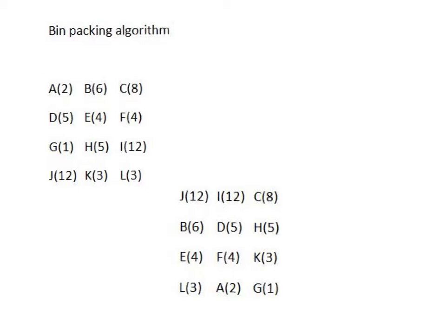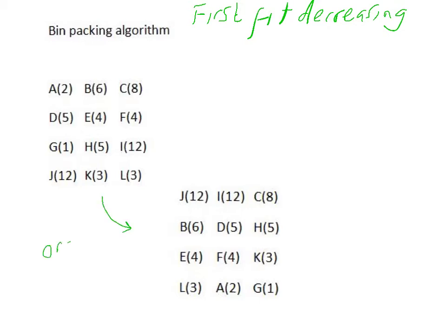Now we're going to look at a slight variation on the bin packing algorithm. So we're going to use what's called the first fit decreasing method. Now we're still going to arrange into bins of size 15, but this time, before we do that, we're going to order our items in decreasing size.